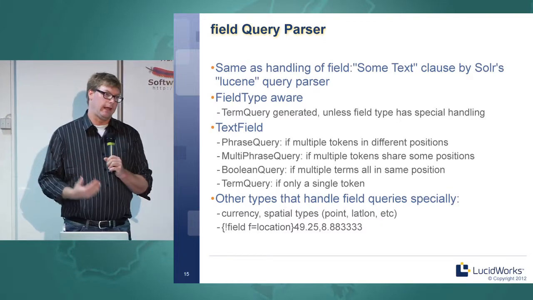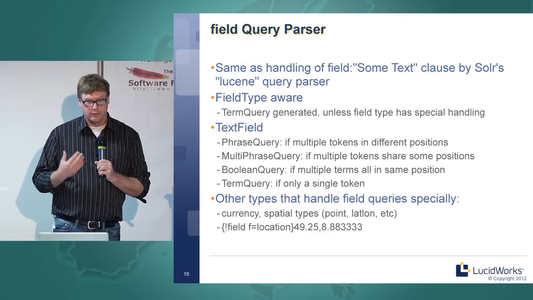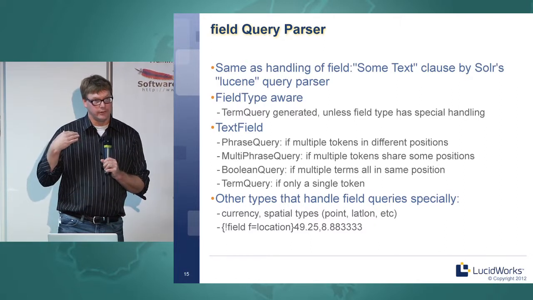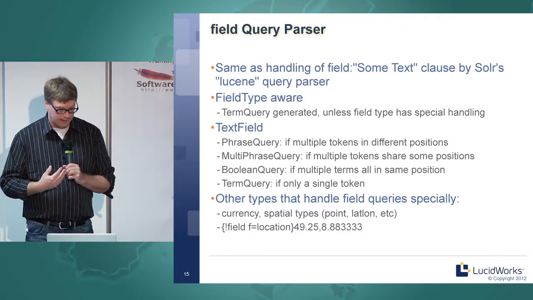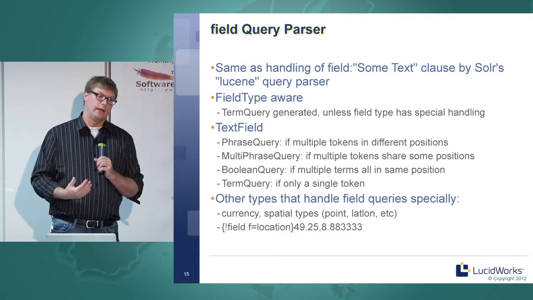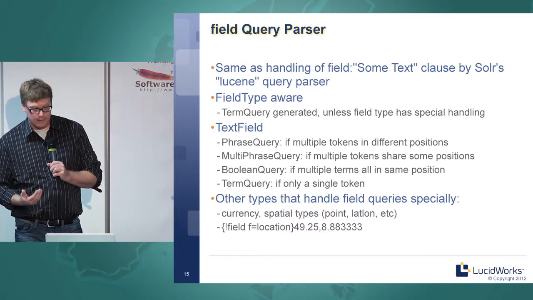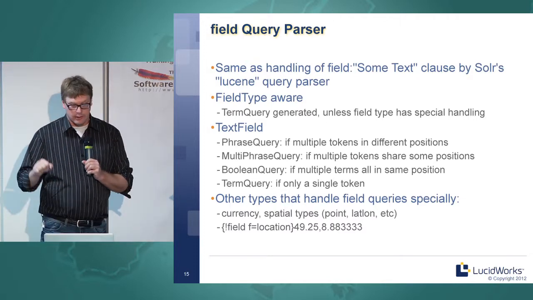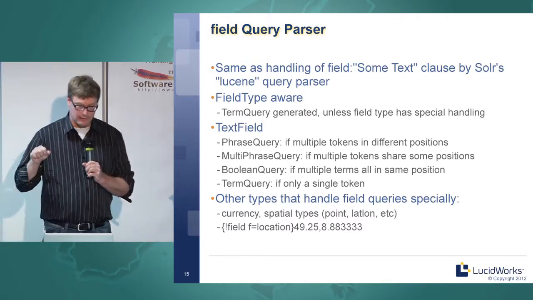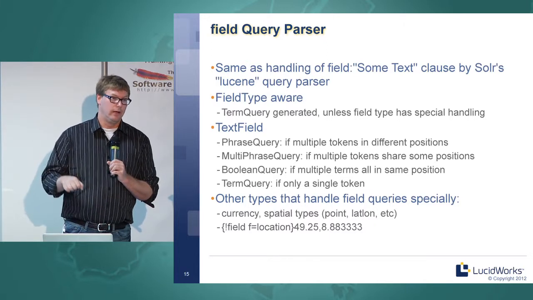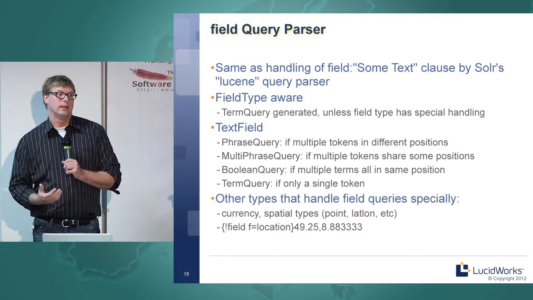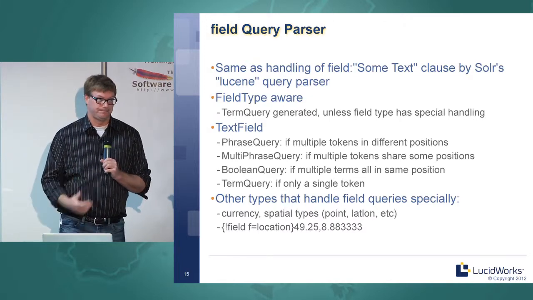Certain field types handle fielded queries specially. There's a special method on the field type called get field query, and things like currency and the spatial types have a special implementation. So if you had exact points that you wanted to query on, for example location here, you can do this type of lat long if that's the field type that you're using for the location field, and you could leverage the field query parser in this manner.